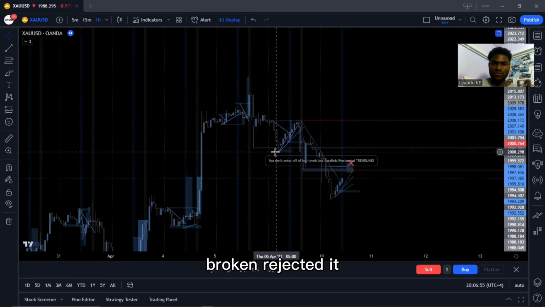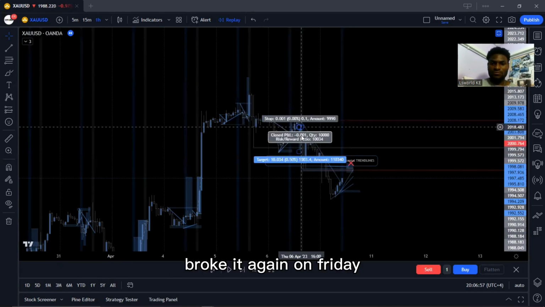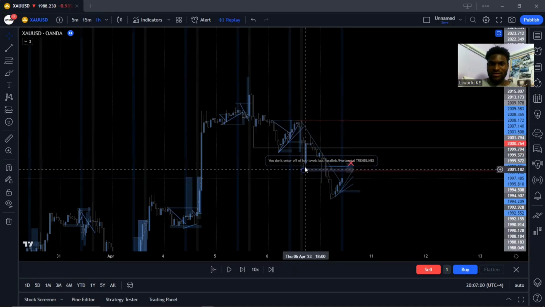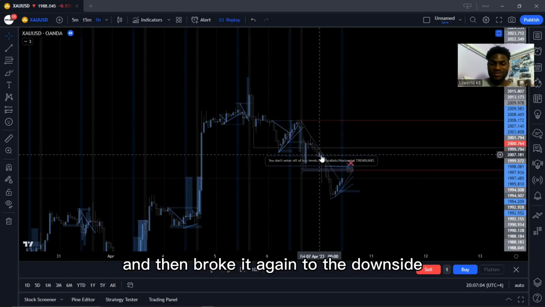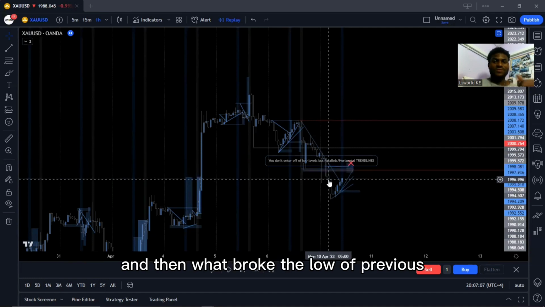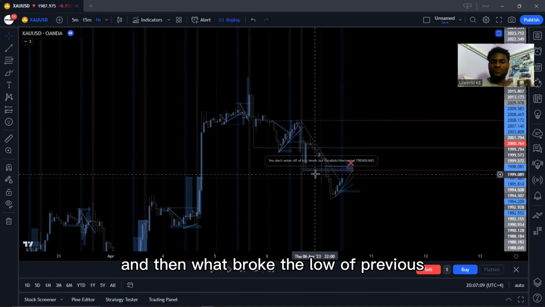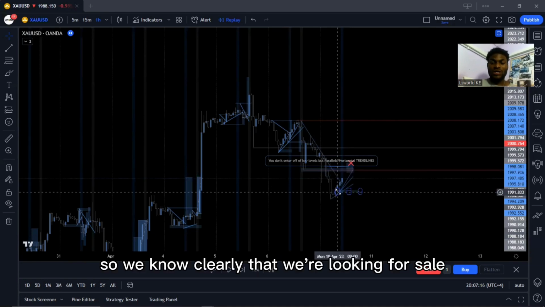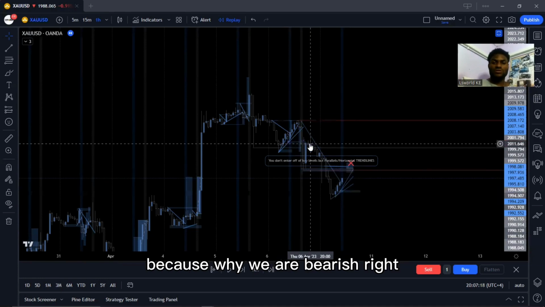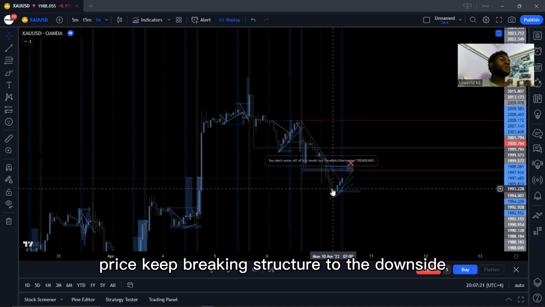As you can see, it broke it, rejected it, pulled back up, broke it again on Friday, pulled back a little bit up, and then broke it again to the downside, and then broke the low of the previous day, which is on Friday. Right now it's Monday, so we know clearly that we're looking for sells because we are bearish, right? Price keeps breaking structure to the downside.